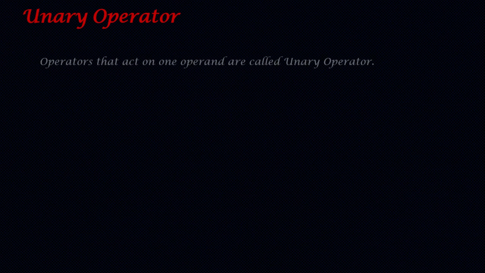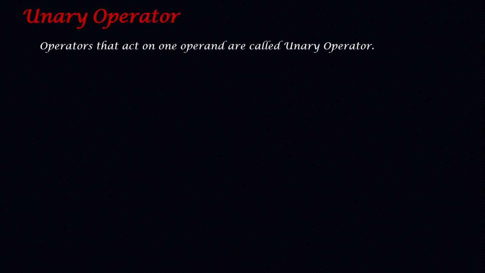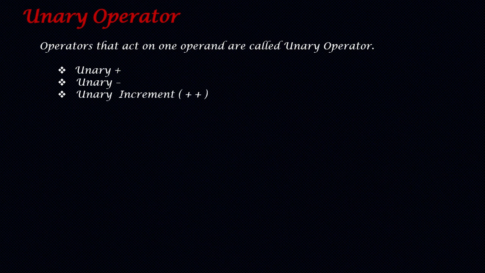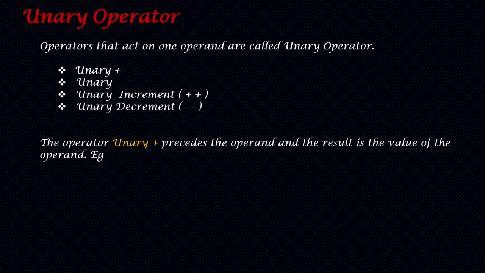Let us have information regarding unary operators. The operators that act upon only one operand are considered as unary operators. Basically 4 unary operators are there: unary plus, unary minus, increment and decrement. So unary plus, what happens here?